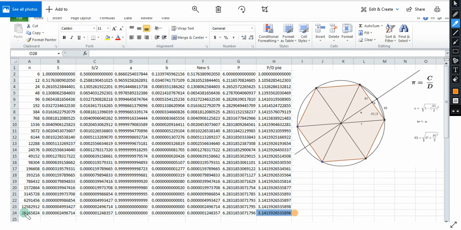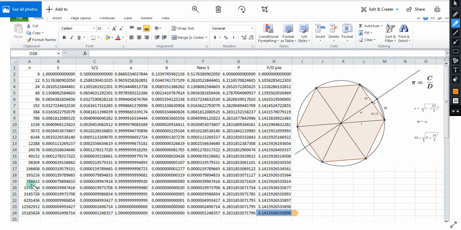Here this is the number of sides of that polygon, that doubling. So a 6-side polygon becomes 12 sides, 24, 48, 96, and likewise.